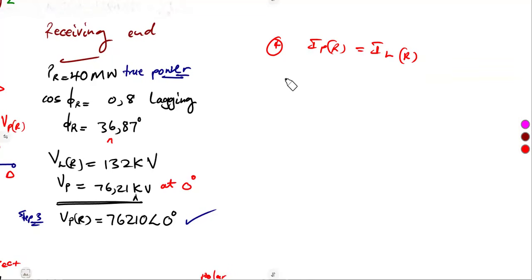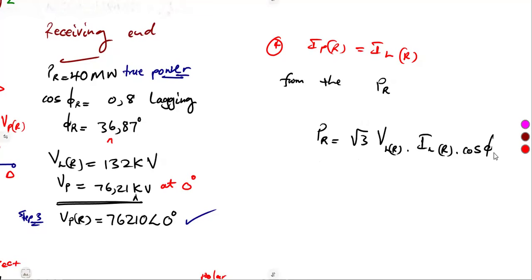From the power, you work with what you're given, from the true power that we are given on the receiving end. We understand that under three-phase, true power is equivalent to the square root of 3 times the line voltage on the receiving end, times the line current on the receiving end, times the power factor on the receiving end.